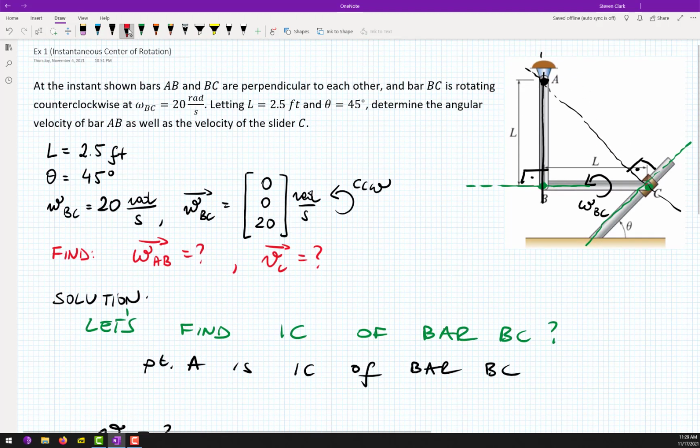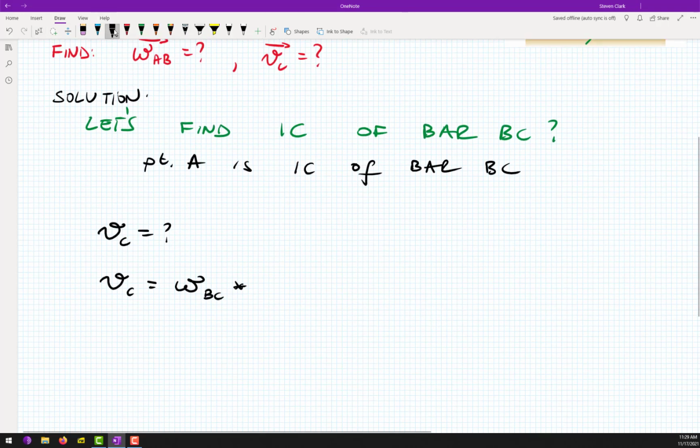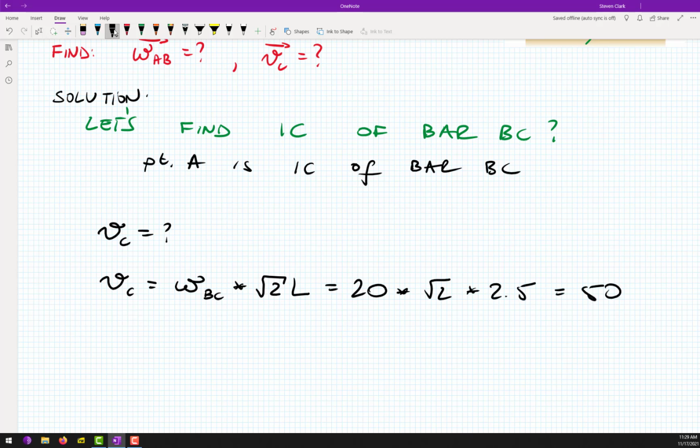Can you guys tell me how much this distance is? Yes, that would be square root of 2 L, exactly. Omega BC was 20, I believe. So 20 times square root of 2 times 2.5 is equal to 50 square root of 2 feet per second. Exactly what we obtained on the previous board. Look at your notes, it's exactly the same value.